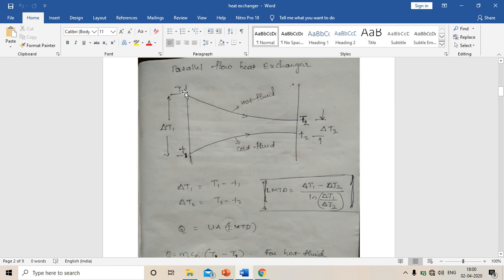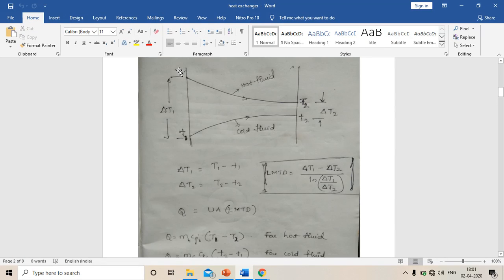This is a graphical representation of parallel flow heat exchanger, I mean temperature changes. So this line indicates hot fluid temperature change, and this line indicates cold fluid temperature change. The hot fluid temperature decreases as it passes through the heat exchanger, and the cold fluid temperature increases by absorbing the heat from the hot fluid.